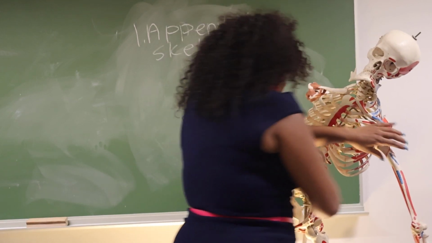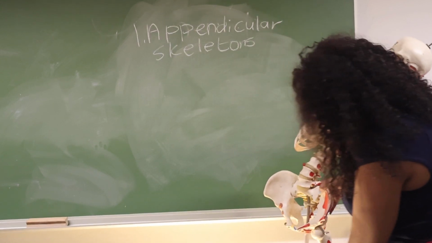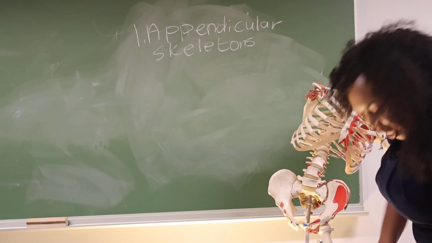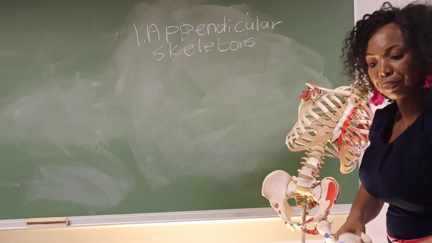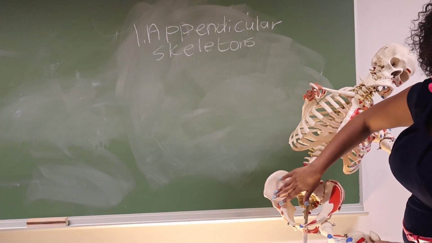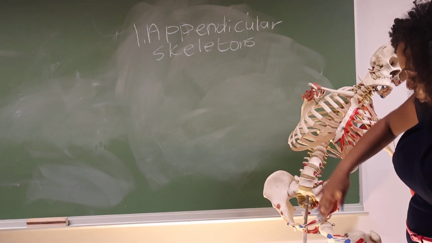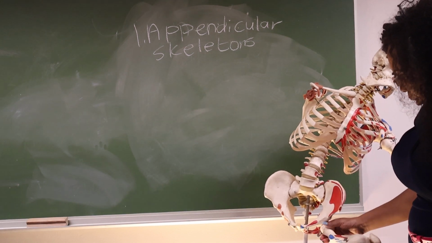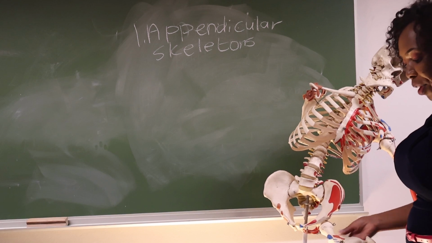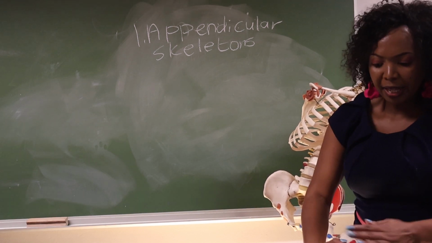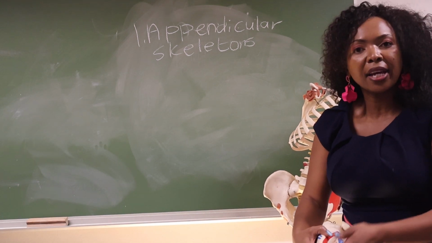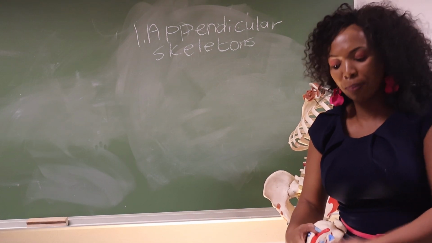Now, let's check on the lower limb. On the lower limb, the appendicular starts from the pelvic girdle. Then we have our long bone called the femur. And then there are two bones also, the one on the lateral, the thin one, is called the fibula.